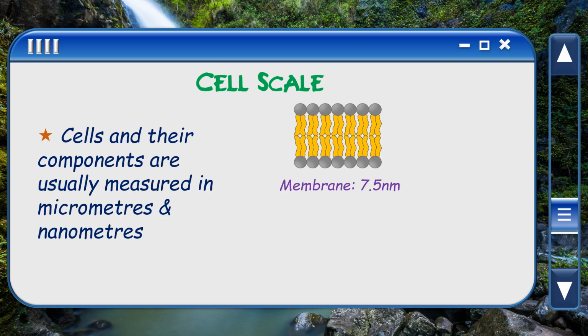Now, cells and their components are usually measured in micrometers and nanometers. The membrane is 7.5 nanometers in size. A bacterium is 1 micrometer.